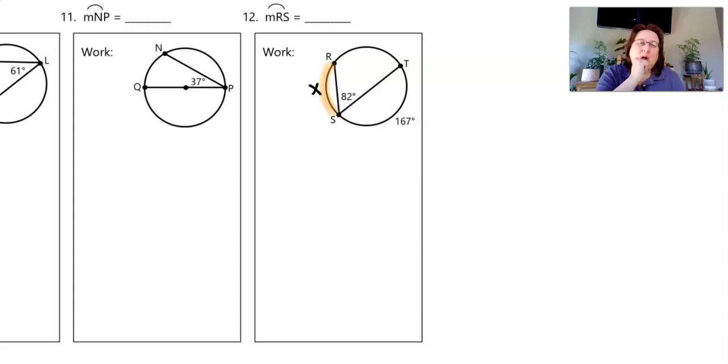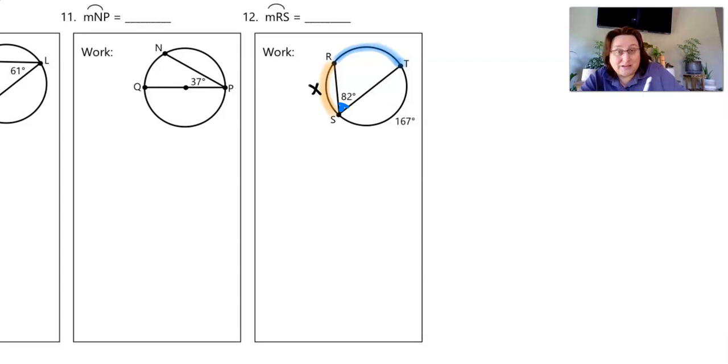Knowing what you know about what type of angle this is, S is on the circle, so that is an inscribed angle. So what would the arc measure of RT be? What would this measurement of the blue arc be if we have an inscribed angle?